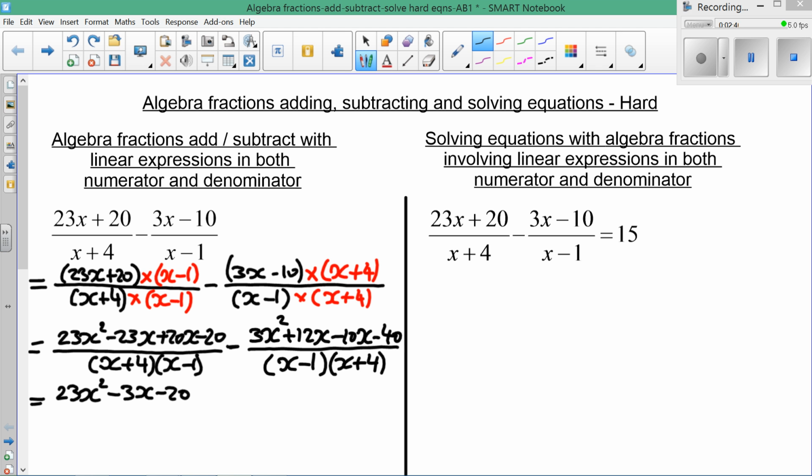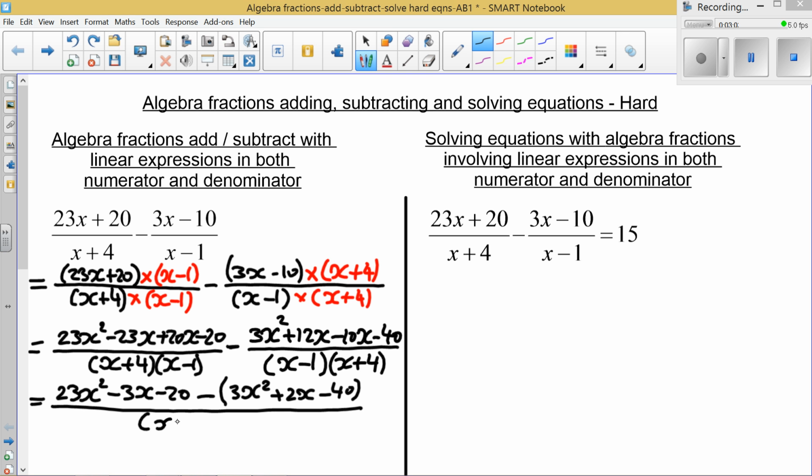I subtract the second numerator, so we're subtracting the whole of that numerator, so I put it in brackets, and then 3x squared and plus 12x and minus 10x gives me plus 2x and minus 40, all over the common denominator of x plus 4 times x minus 1.